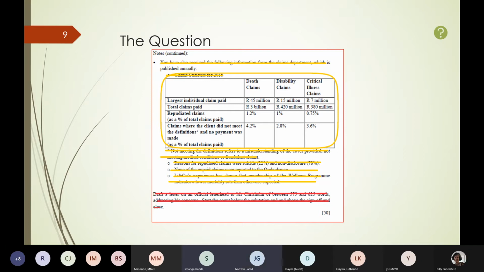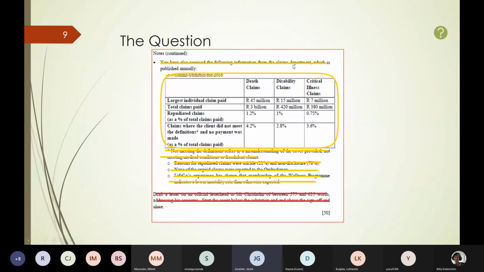No, for sure. And again, this speaks to the point that there are many ways to answer. You might very well have looked at this table and said, I think it's important that I mention that 4.2% of death claims were not paid, 2.8% of disability claims were not paid, and you broke it down like that. But I would argue that this question wasn't concerned with death claims versus disability versus critical illness.